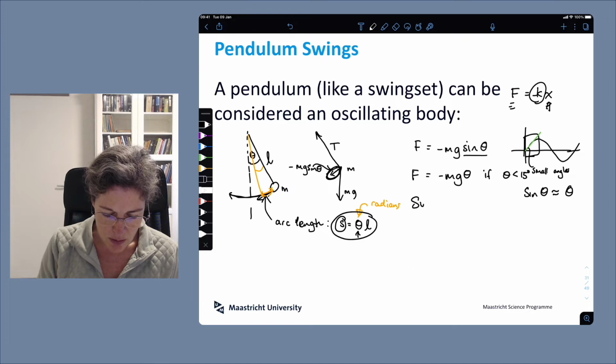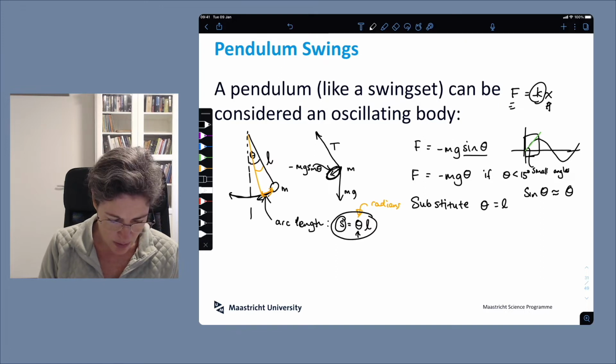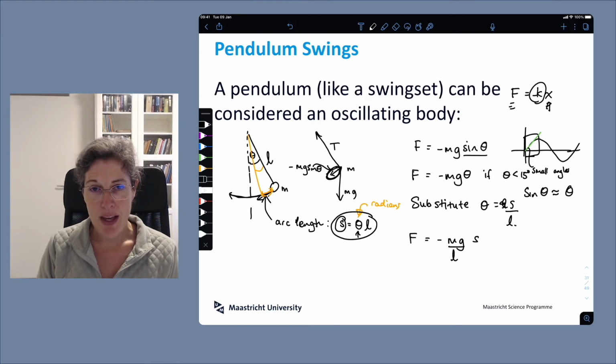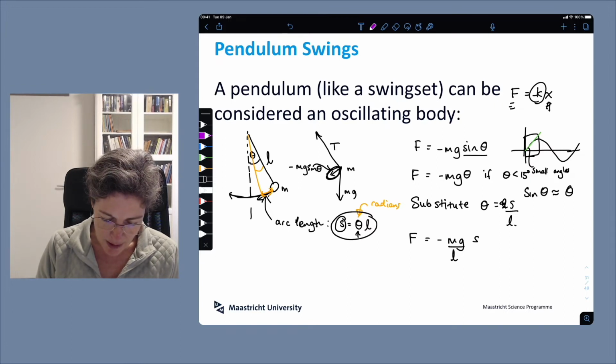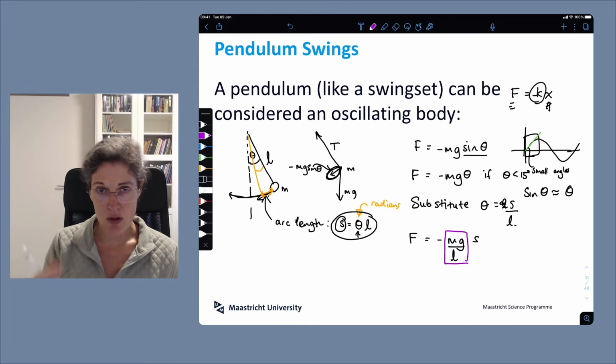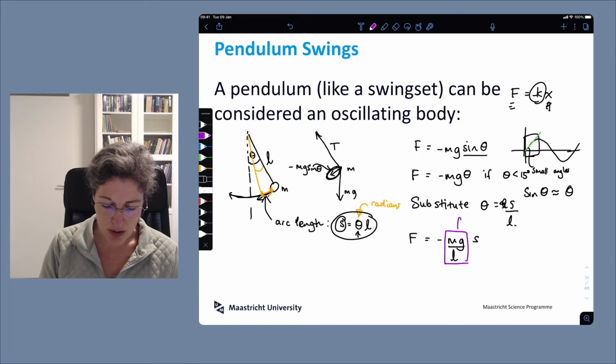So I'm going to substitute theta is equal to S over L. So I get that my force is equal to minus mg over L times S. And notice that although it doesn't look like what we saw earlier, this is in fact an equation that governs simple harmonic motion, because what we've got over here is a constant. It's just the mass of our little pendulum, which isn't changing, g, which is gravity, it shouldn't be changing, and L, which is the length that we picked. So this is a constant.